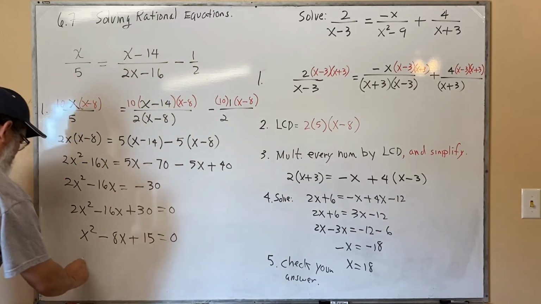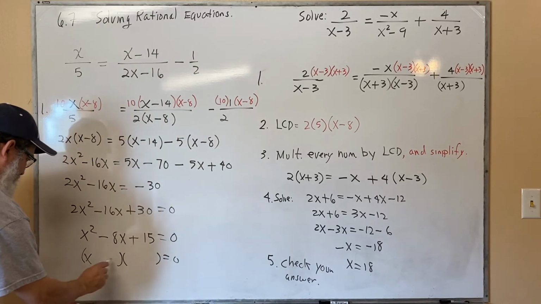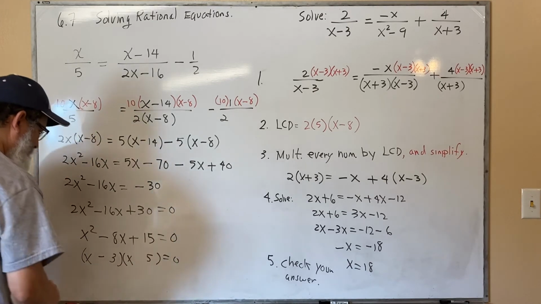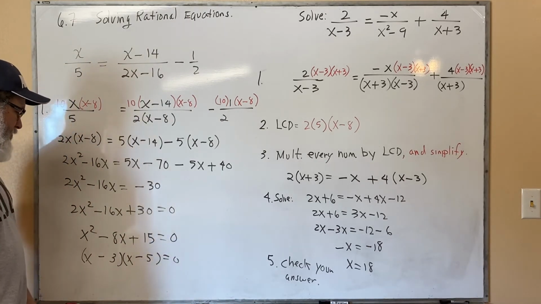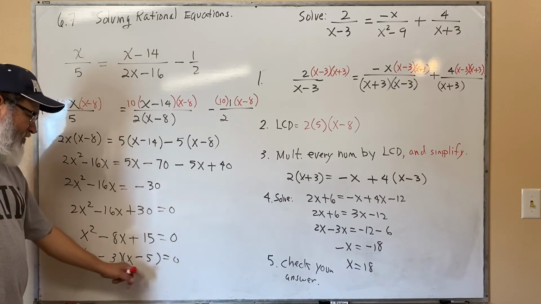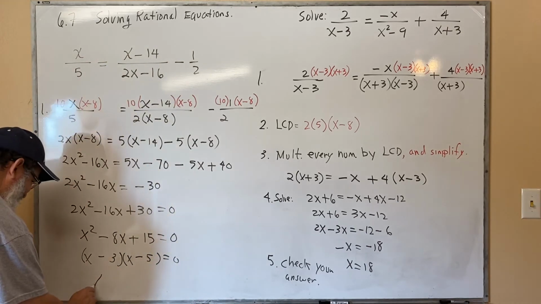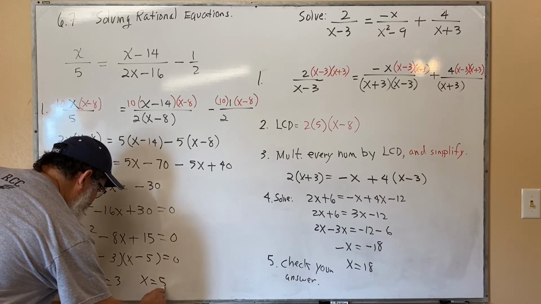Factor: x minus 3 times x minus 5. X times x is x squared. Negative 3 times negative 5 is positive 15. And negative 5x minus 3x is negative 8x. Answers: x equals 3 or x equals 5.